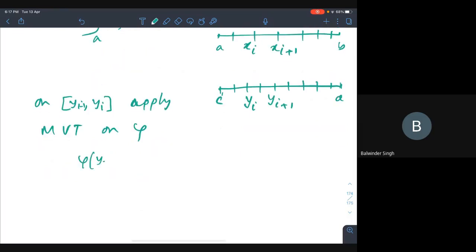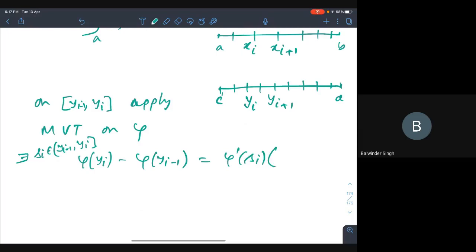So that means phi of yi minus phi of yi minus 1 is equal to, so there exists, let's say, si belonging to yi minus 1 to yi. So this is phi prime of si into yi minus yi minus 1. All right.